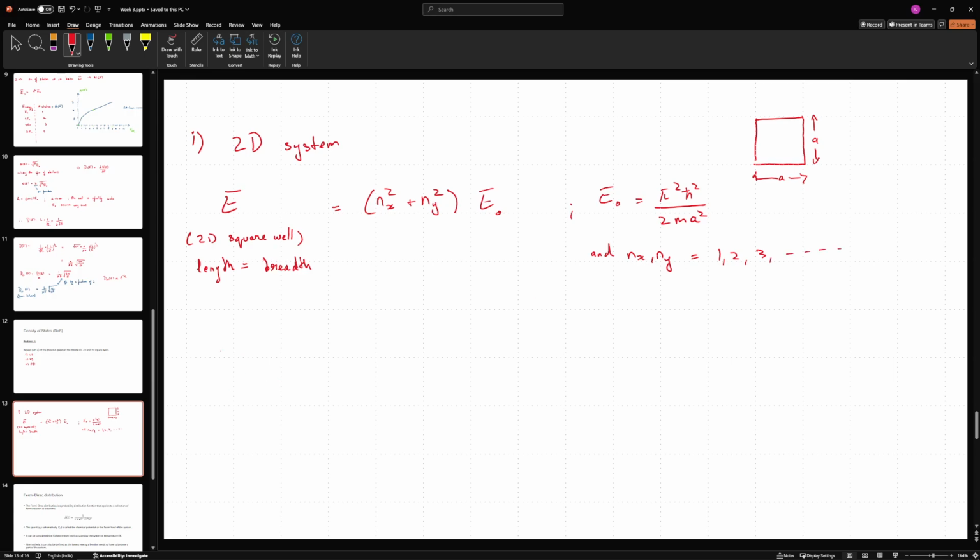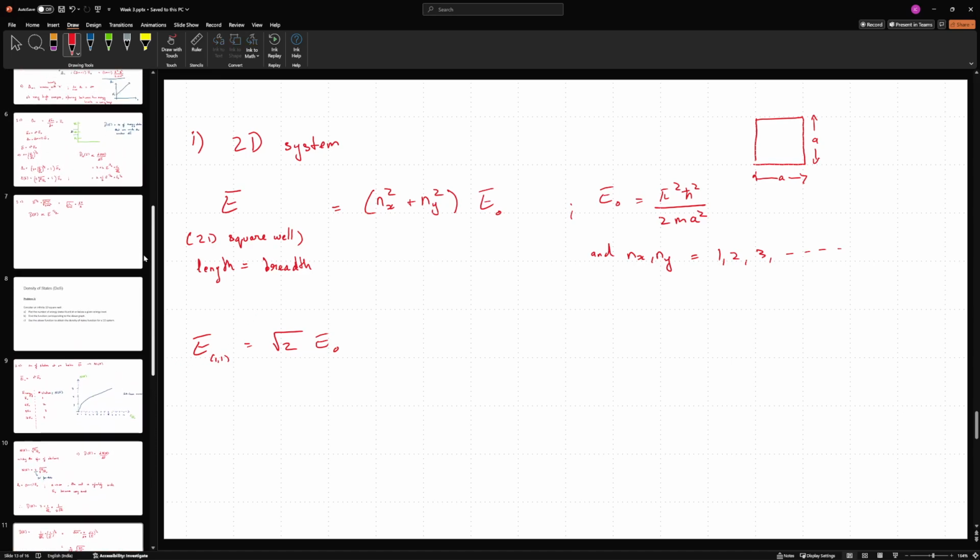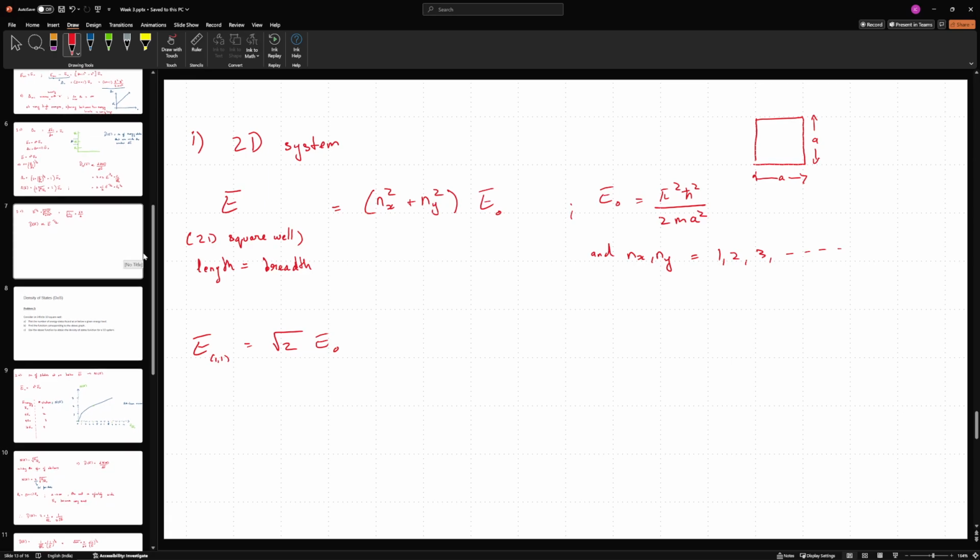Now as you can see, for the ground state, E11 is equal to 2 E naught. So right away there is one thing you can notice. The more I increase the dimensionality of the system, the higher the minimum energy of that system is. Going back to the first week's session, I spoke about the minimum energy a particle can have in a system.